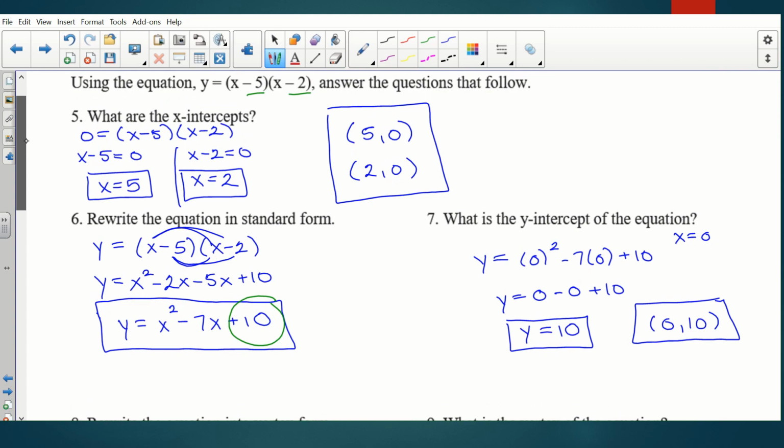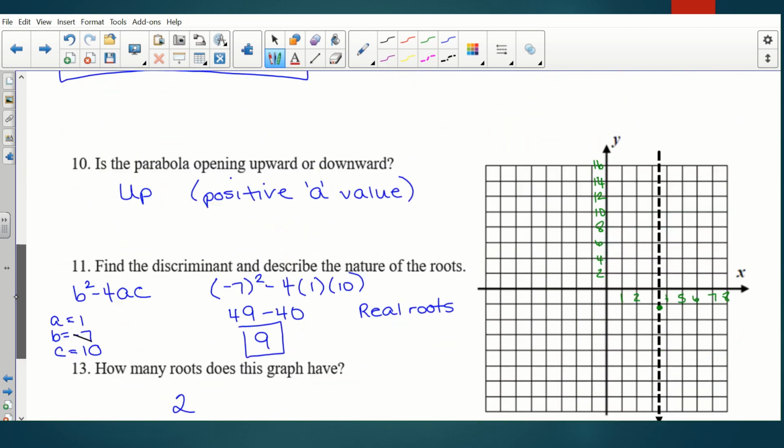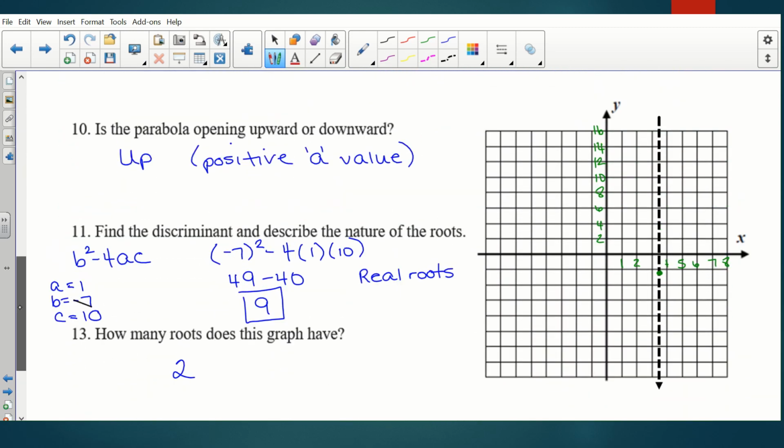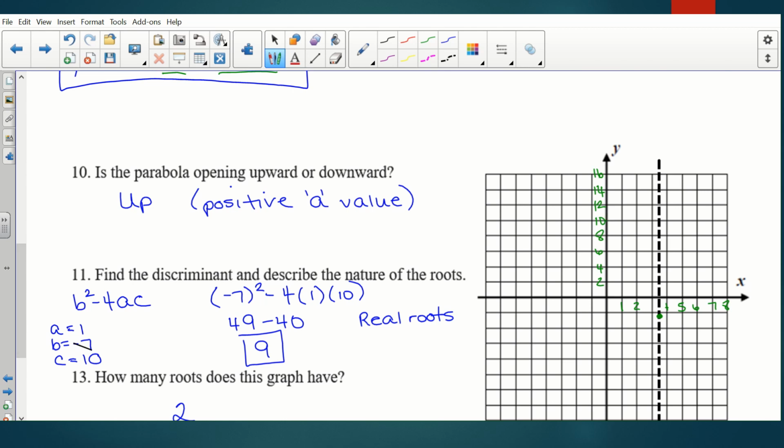We've got x-intercepts at 5 and 2, a y-intercept at 10. Okay. So a y-intercept at 10, x-intercepts at 5 and 2. Now I can also come, since we're talking symmetric here about this line, I'm going to go 1, 2, 3.5.